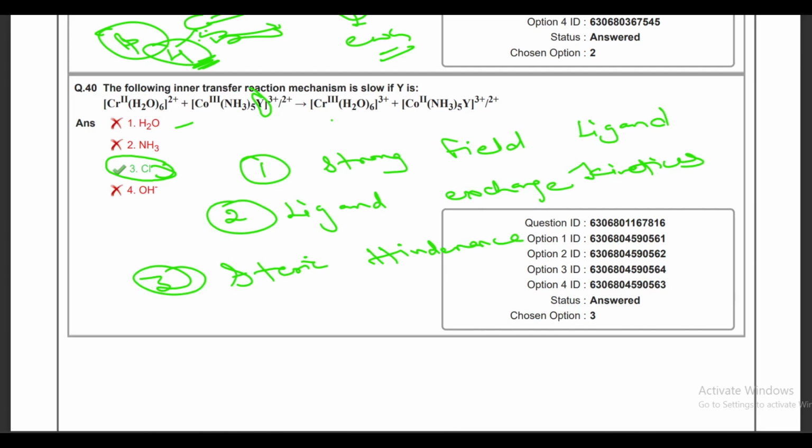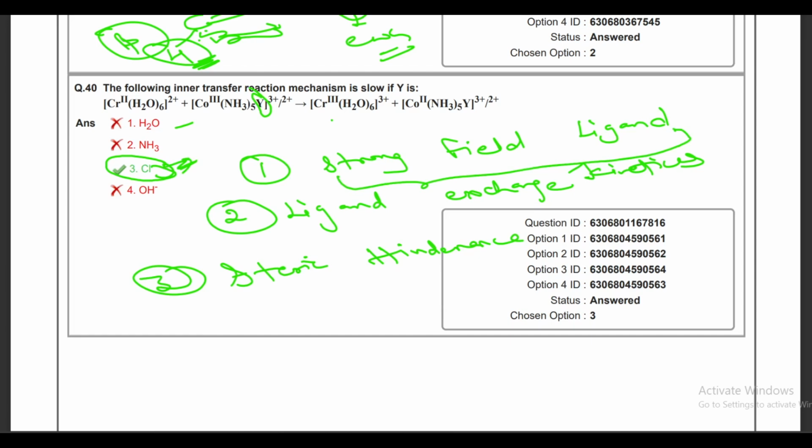So if it is a weak field ligand, it doesn't create a large splitting energy in the crystal field, which means it can result in less efficient electron transfer. So the reaction will be slow in that case also, due to its weak field nature.